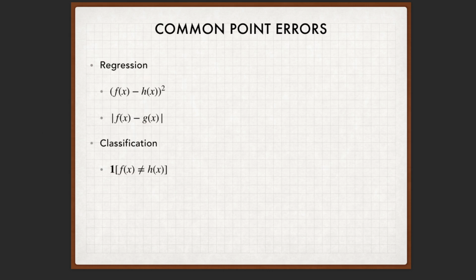There are some alternatives in each of those tasks. For example, in regression, you can use absolute value rather than the squared error for the point-wise difference.